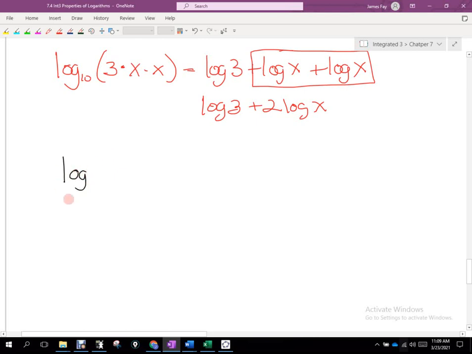I'm just going to say log, so this is base 10 again, of 10 x cubed over 8. Okay? Now, what I want you to understand, and this is going back to what we talked about in, it was probably the first week, might have been the first or second day of class.